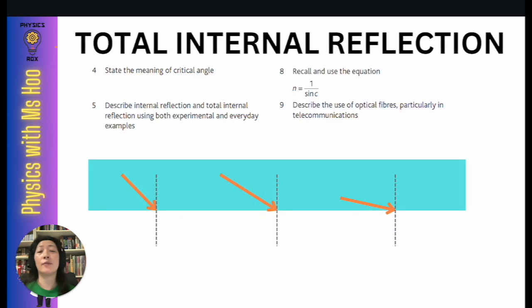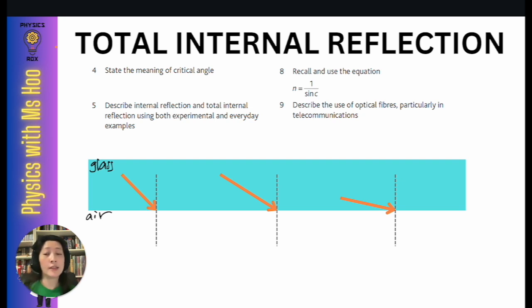Next, let's move on to total internal reflection. Now, you should know total internal reflection by now, but I'm just going to use this slide to very quickly remind you about this phenomenon. So what we're looking at here is, say for example, the medium of glass, and light is traveling from glass to air. So what happens when light travels from glass to air?